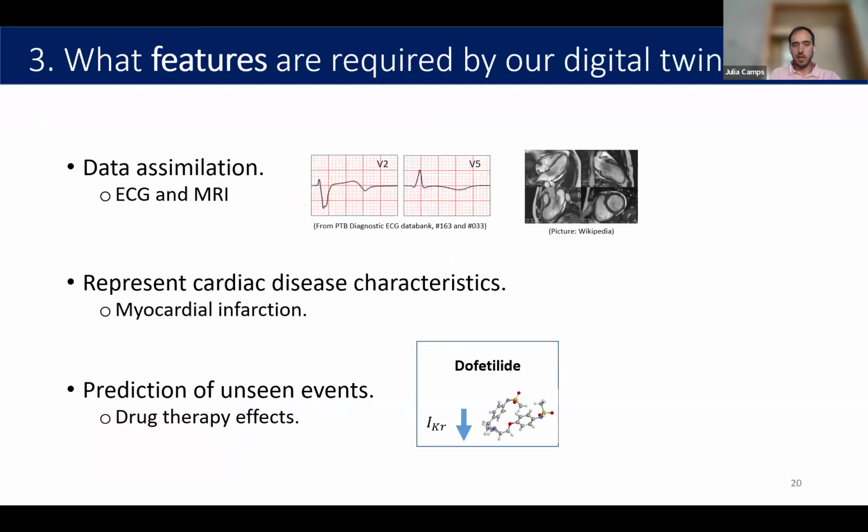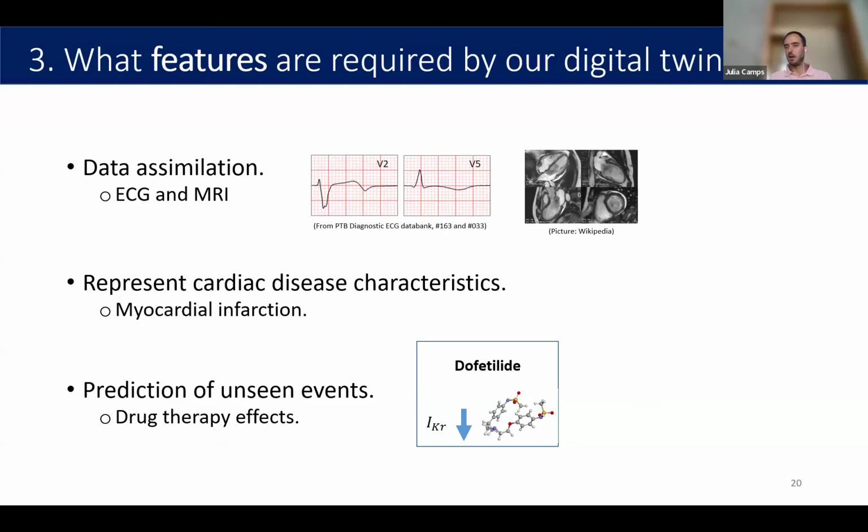So just to recapitulate, what are the features that the digital twin should have once we have designed it, at the end? It needs to be able to assimilate the data that we have, in order to represent the variability in a successful way in the virtual cohort.